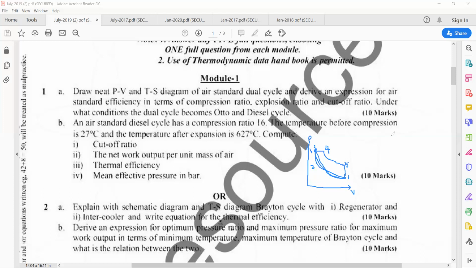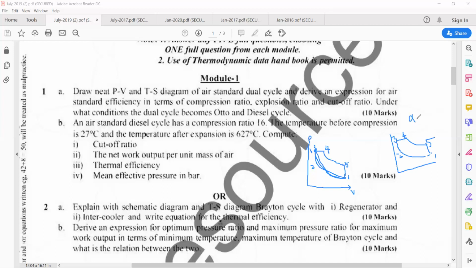Similarly, if we consider the same dual cycle, 1, 2, 3, 4, 5, the heat addition at constant pressure is 3 to 4. V4 by V3 is nothing but the cutoff ratio.